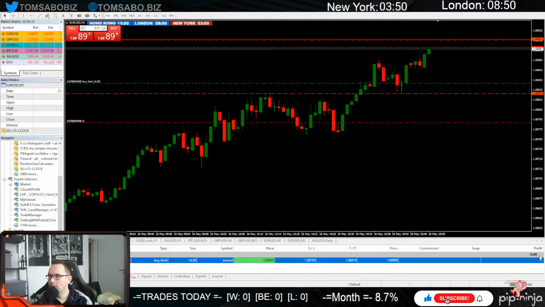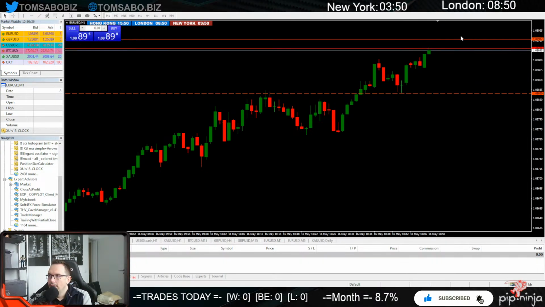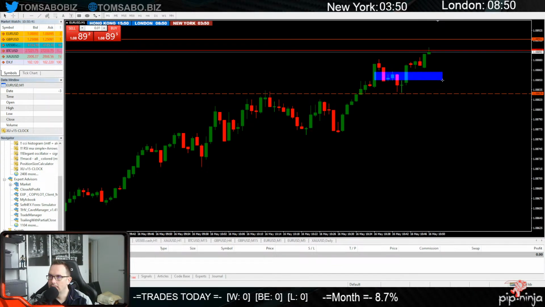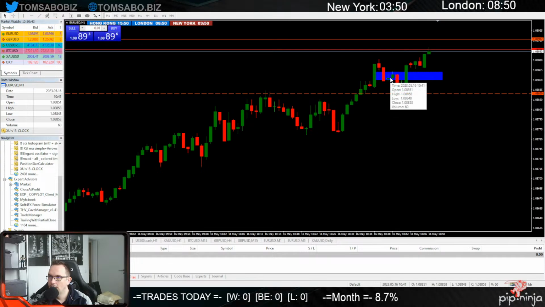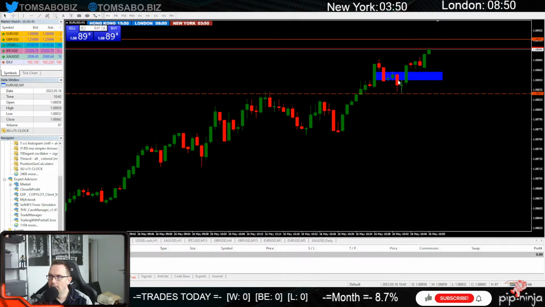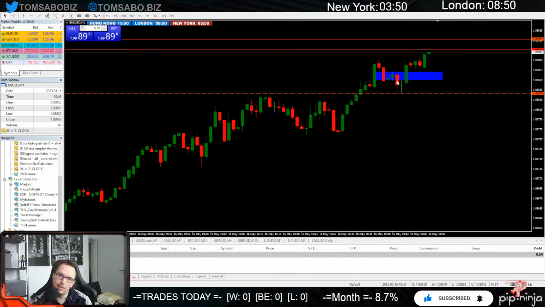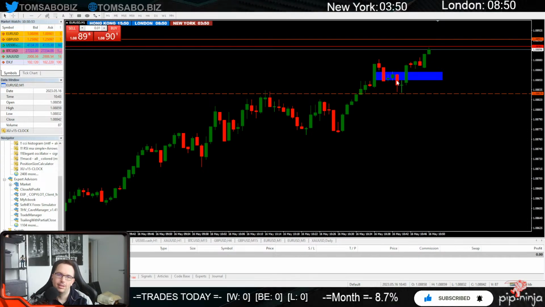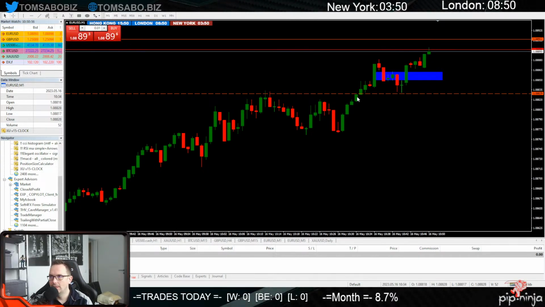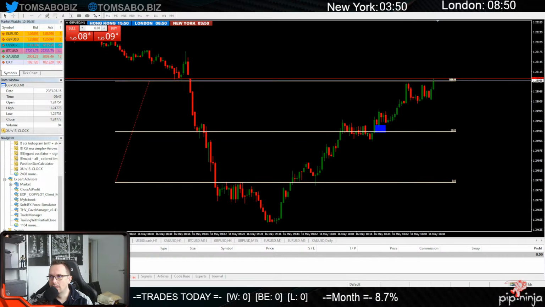Now I'm going to delete this trade, but it seems like it wants to take it out. So this trade here could have been a silver bullet, but only with an entry around 84-ish, with a 1-to-1, not even with a 1-to-2.